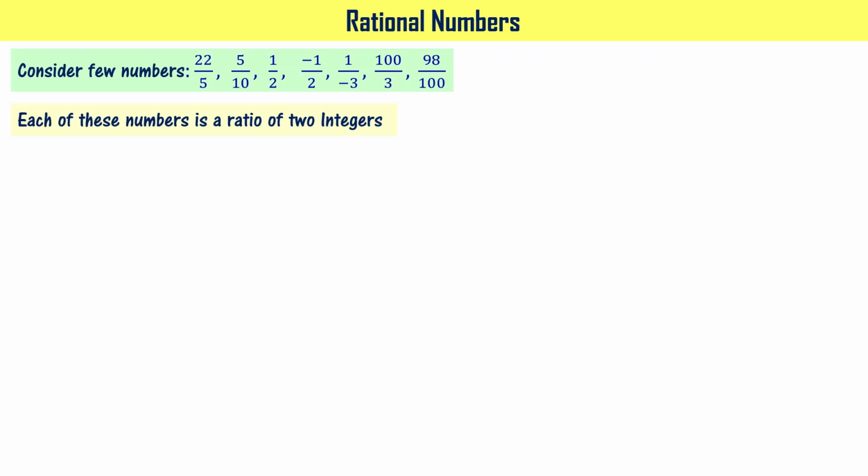For example, 22 by 5: 22 is an integer, 5 is another integer. 1 by 2: 1 is an integer, 2 is another integer. 100 by 3: 100 is an integer, 3 is another integer. 1 is an integer, minus 3 is also an integer, right? So each of these numbers is a ratio of two integers, right?